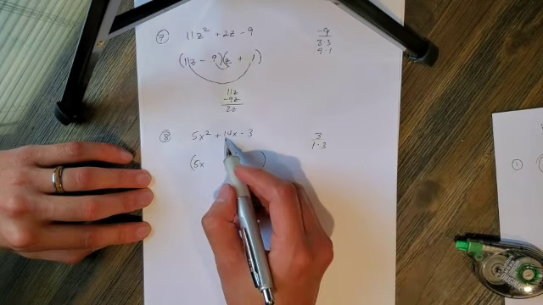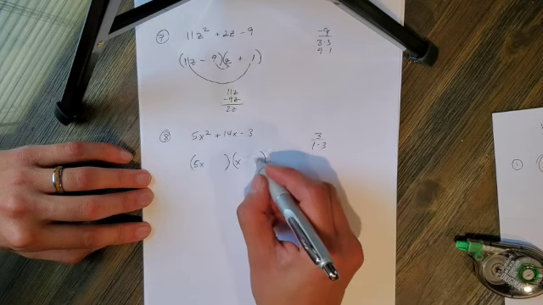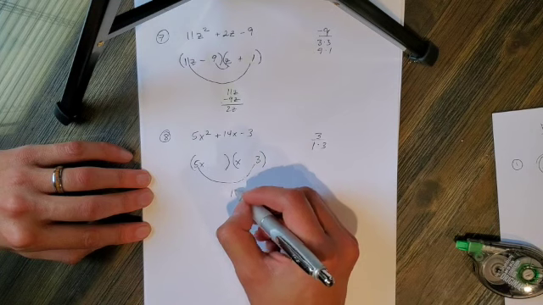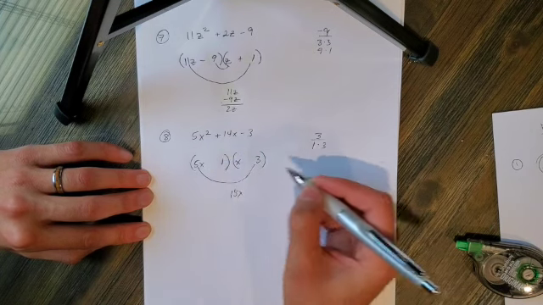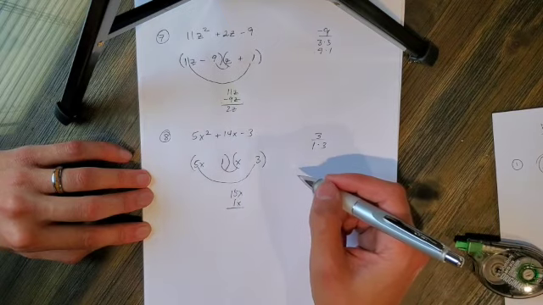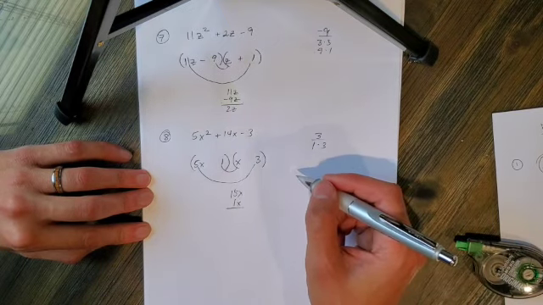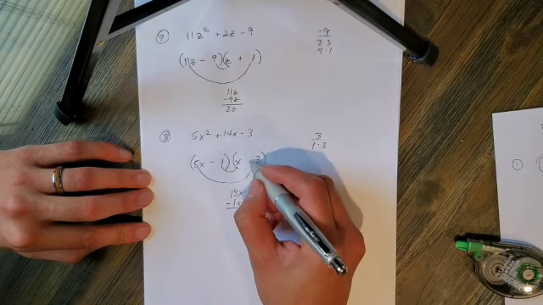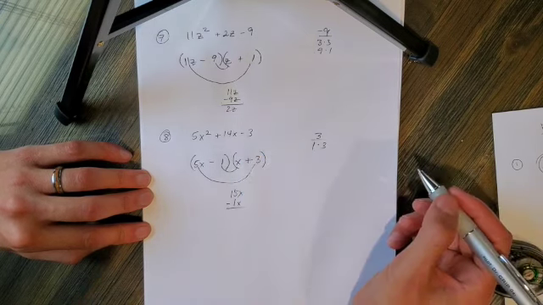So I need a 14, sorry. I need a 14. So I'm going to put the 3 here. That way I know when I multiply 5x times 3, I get 15x. And I'll put the 1 here. That'll give me the 1x. But remember, I need a positive 14x. So which one should I make negative? That's right, the one that gives me the negative 1x. So make that negative and make this positive, and you're done.